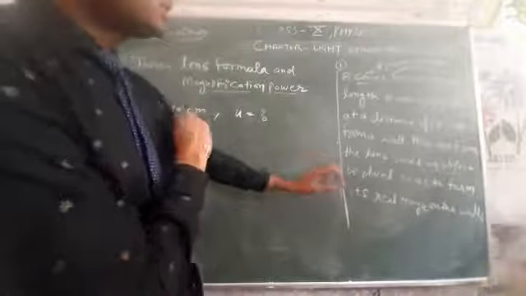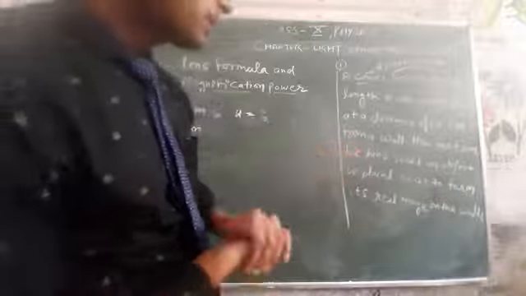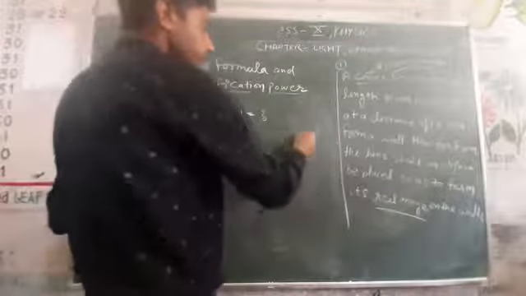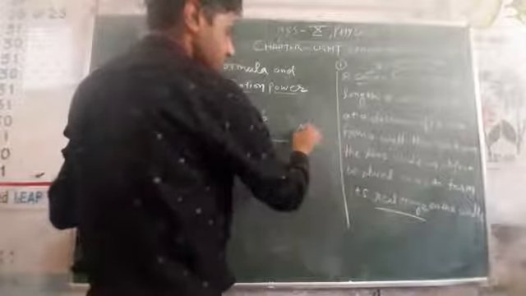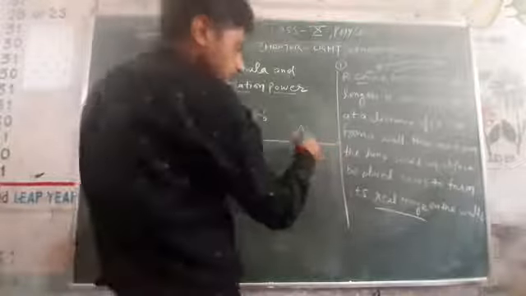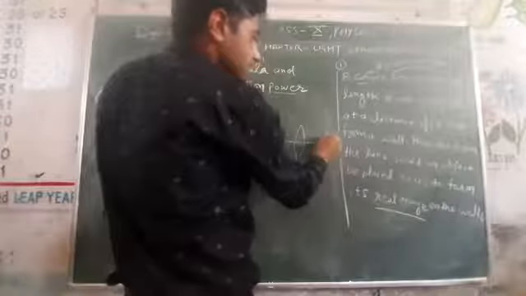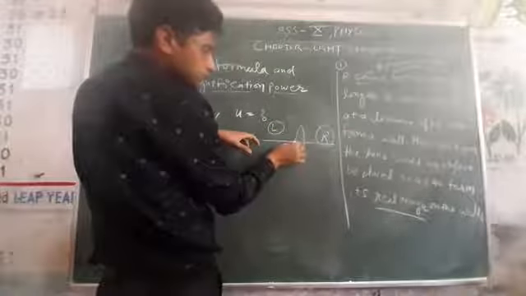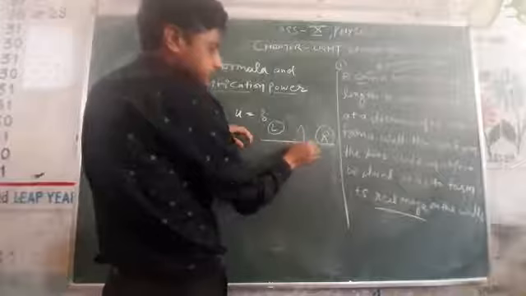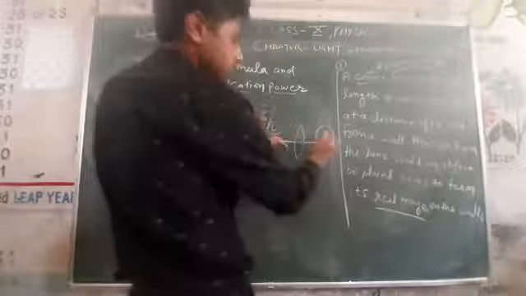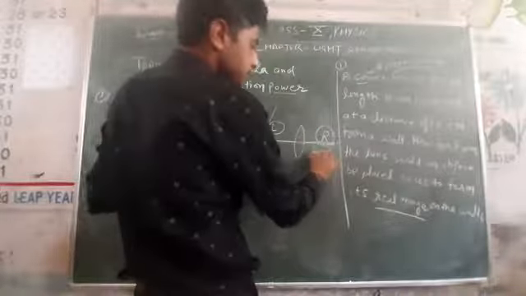And how far from the lens the object is placed so as to form its real image. As you know, a real image is obtained on the right hand side; this is the left hand side, this is the front side and this is the back side. If the image is obtained at the back side or right hand side, then it will be real.